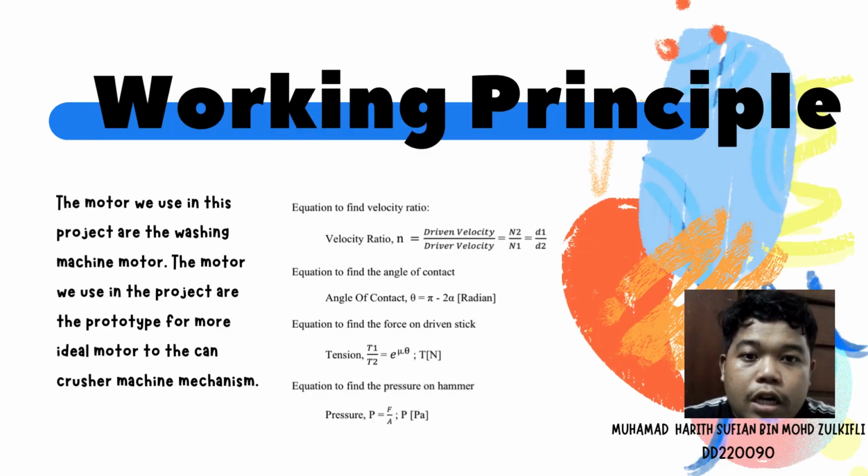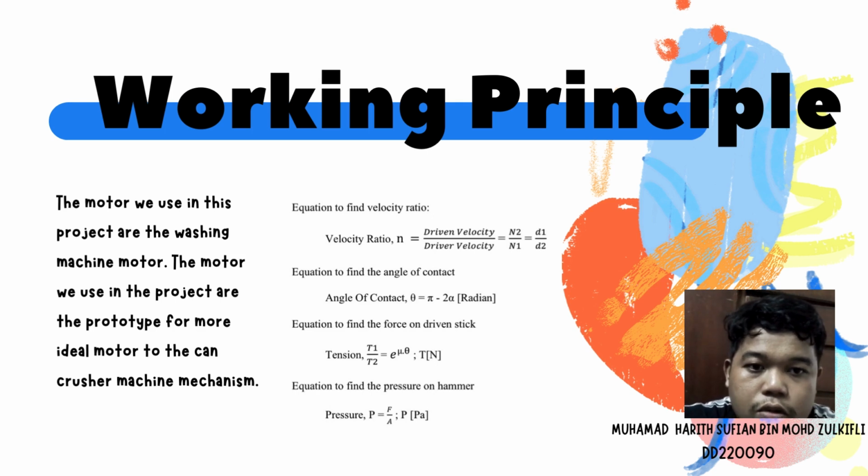The motor used in this project is from a washing machine. The motor we use in the project is a prototype for a more ideal motor for the can crusher machine mechanism. The equation to find the velocity ratio is equal to driven velocity over driver velocity.